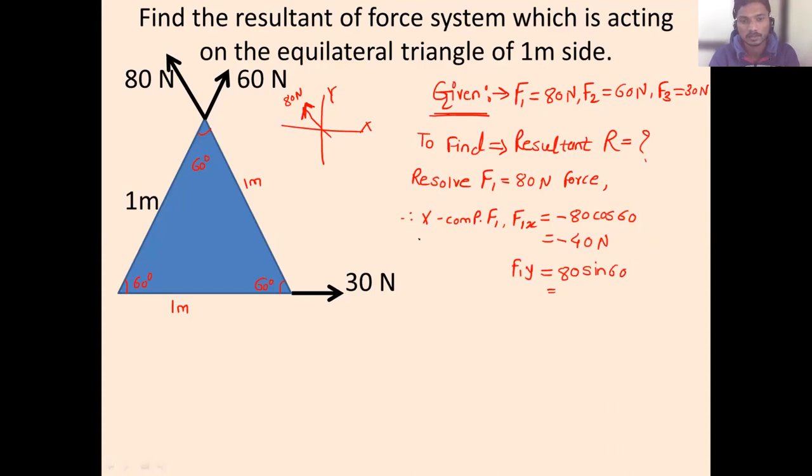What was the reason? Because the angle is made with the horizontal axis. Very good. What is this answer, 80 sine 60? 69.28.